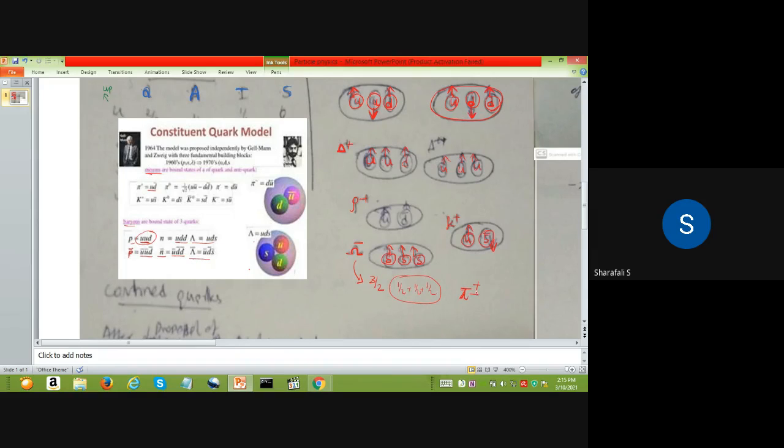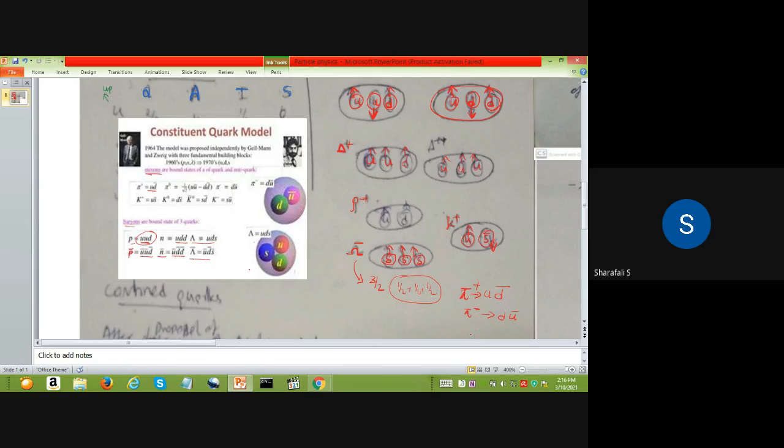So for mesons we have a quark anti-quark pair, only two elementary particles, one quark and one anti-quark. This pi plus has U D bar, and pi minus has D U bar. So one quark and one anti-quark, this pair will be there for mesons.